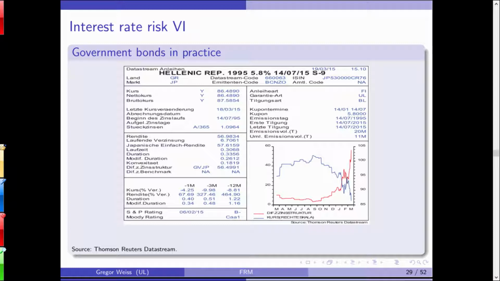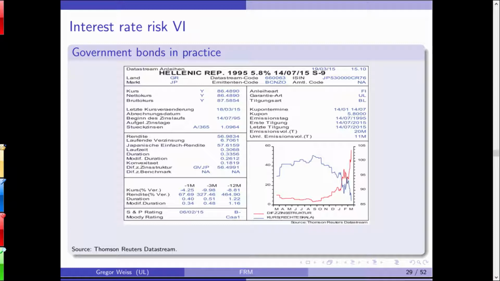What you can see with the blue line on the right lower part of this plot is that prices decreased a lot. Starting, I think, over the last year, in 2014, the price of this bond was at 103. So you had to pay 103 euros to get an annual coupon payment of 5.8 and 105.8 at maturity. Still looks like a bargain, right?